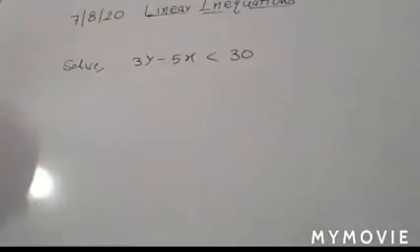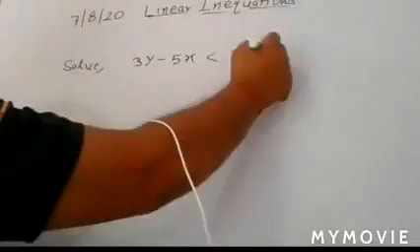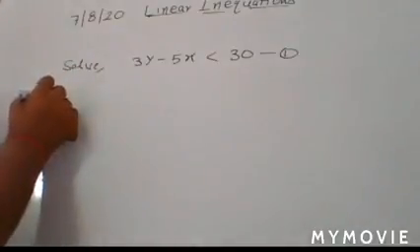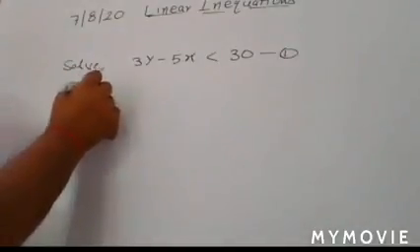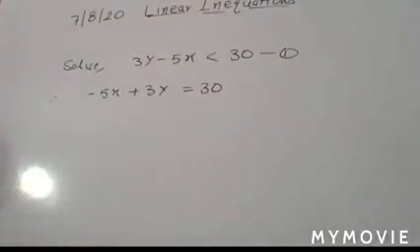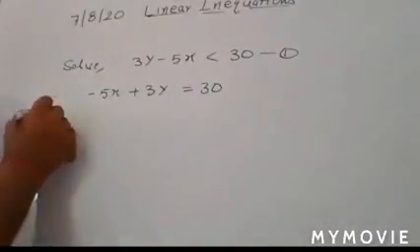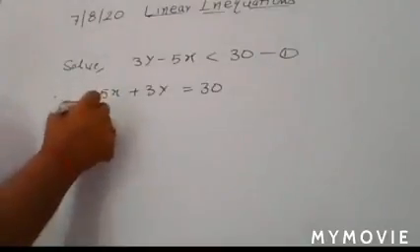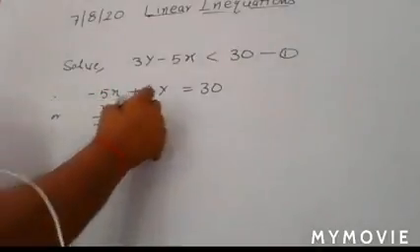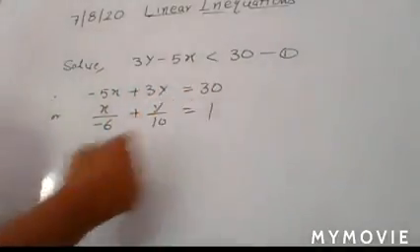Yes, here you also have the same method. First you write your given inequation as an equation and try to make the right side 1. So this can be written as minus 5x plus 3y equals 30, and dividing both sides by 30, you have x upon minus 6 plus y upon 10 is equal to 1.